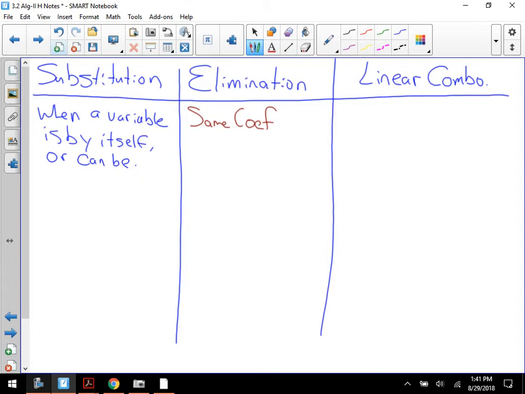Anyway, the coefficient is the number in front of the variable. The variable could be x, it could be y, it could be r, it could be q, doesn't matter. So it's the number in front of the variable as your coefficient.